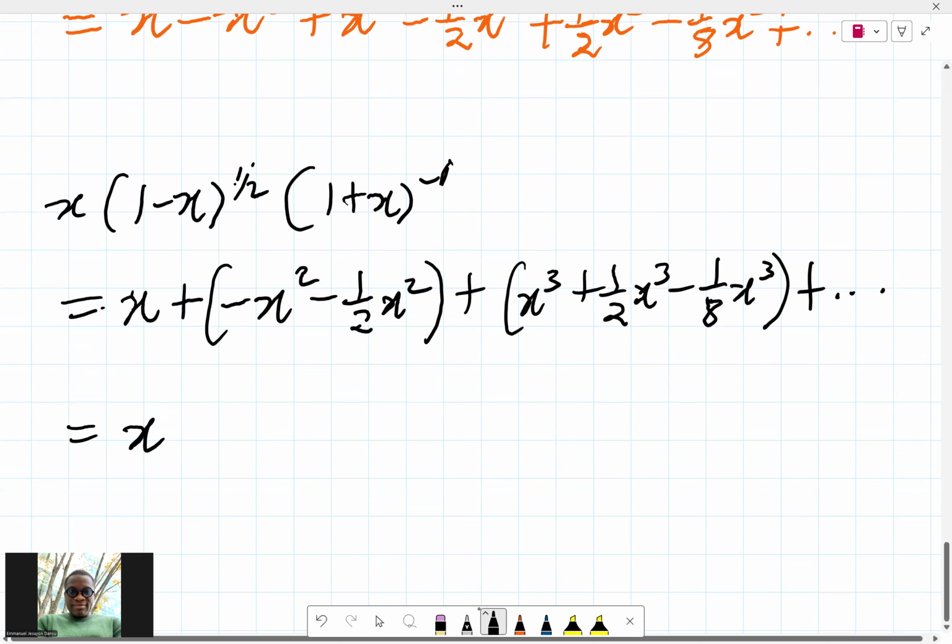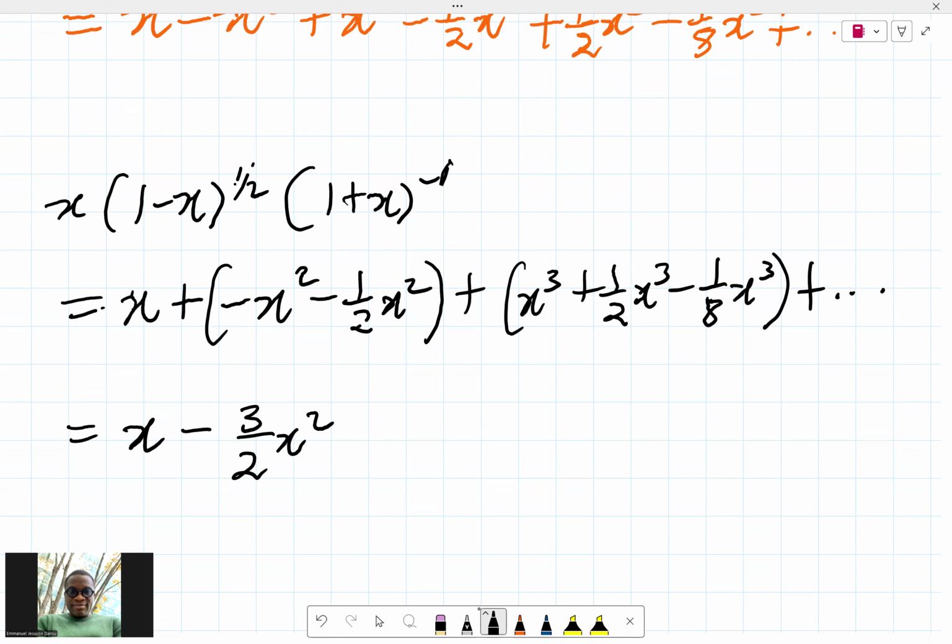So this is equal to x. Here we have minus 1 minus 1 over 2, all of that will be minus 3 over 2 x squared. Then for the cubed terms, this is like 1 plus half minus 1 over 8, so 1 x cubed plus half x cubed minus 1 over 8 x cubed. The LCM there is 8.